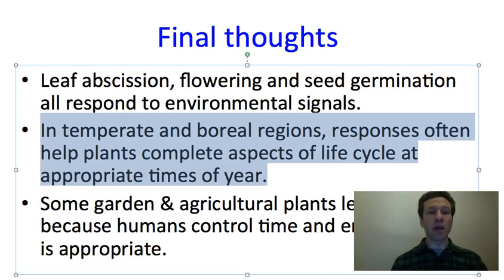So put another way, if humans are able to make well-informed decisions about when the environment is likely going to be favorable for growth, then there's no reason for the plant to also try to monitor the environment and make those same decisions. So most garden seeds, for example, don't require scarification or stratification, while many wild natural seeds require one or both processes.